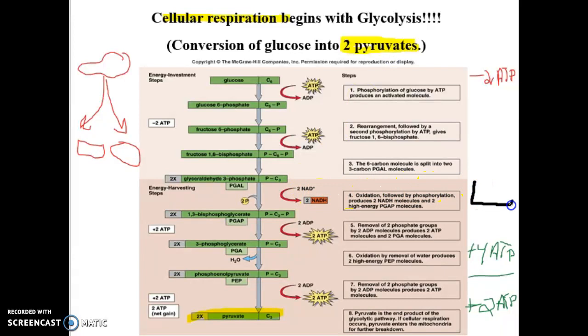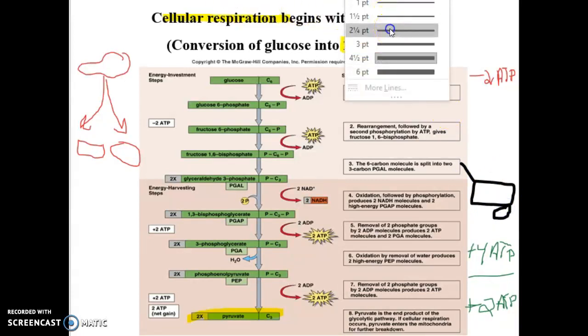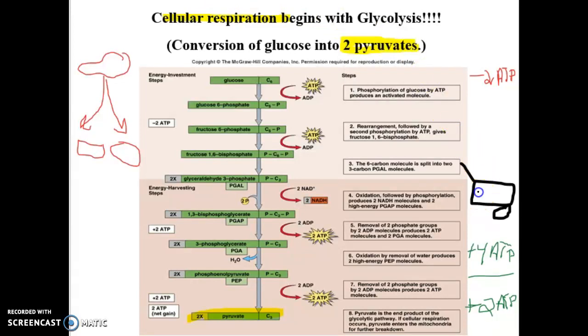Now NADH is very similar to the wheelbarrow we saw back in the plant. If you remember photosynthesis, we talked about the little wheelbarrow called NADPH. This is supposed to be NADH. This is our wheelbarrow. So during glycolysis, we actually get two of those, two little wheelbarrows. We gain 2 ATP and we have 2 wheelbarrows.